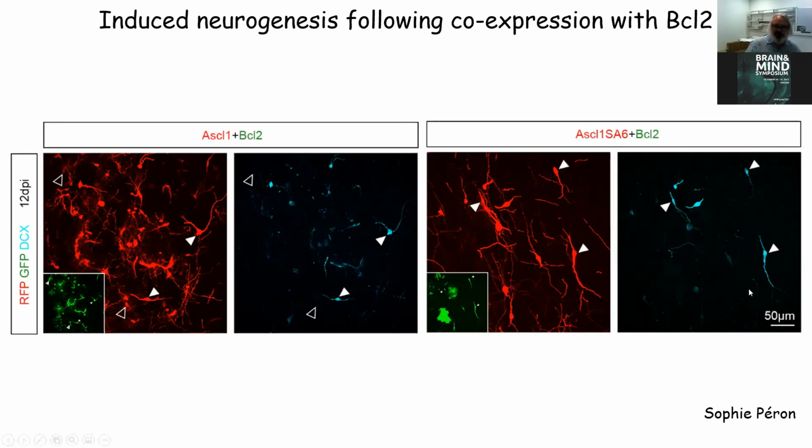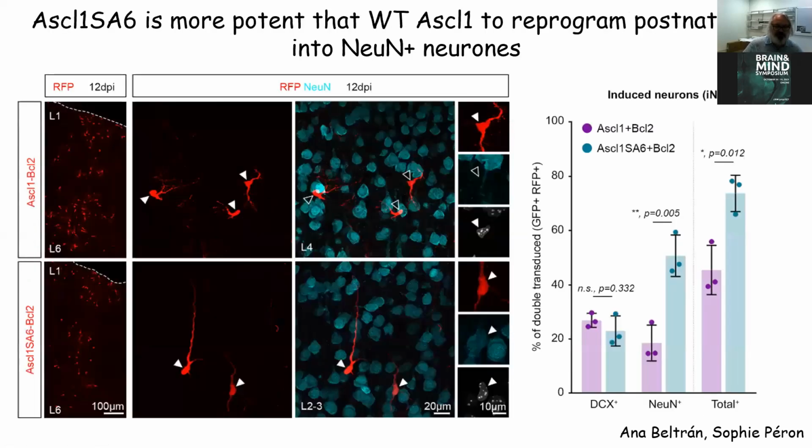At this stage, there are no doublecortin positive cells, at least cells that express doublecortin at this significant level, in the cerebral cortex, and you also see that these cells here are clearly looking neuronal. What became also very clear from these inspections is that the wild type is indeed much less potent than the mutant ASCL1. And so this is another example where we actually combined ASCL1 and BCL2 in a single construct.